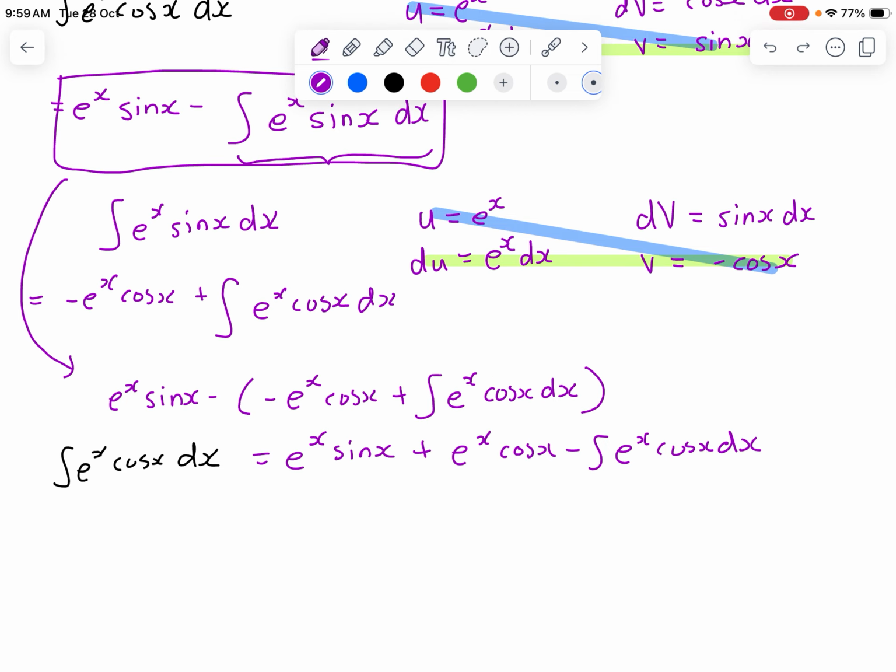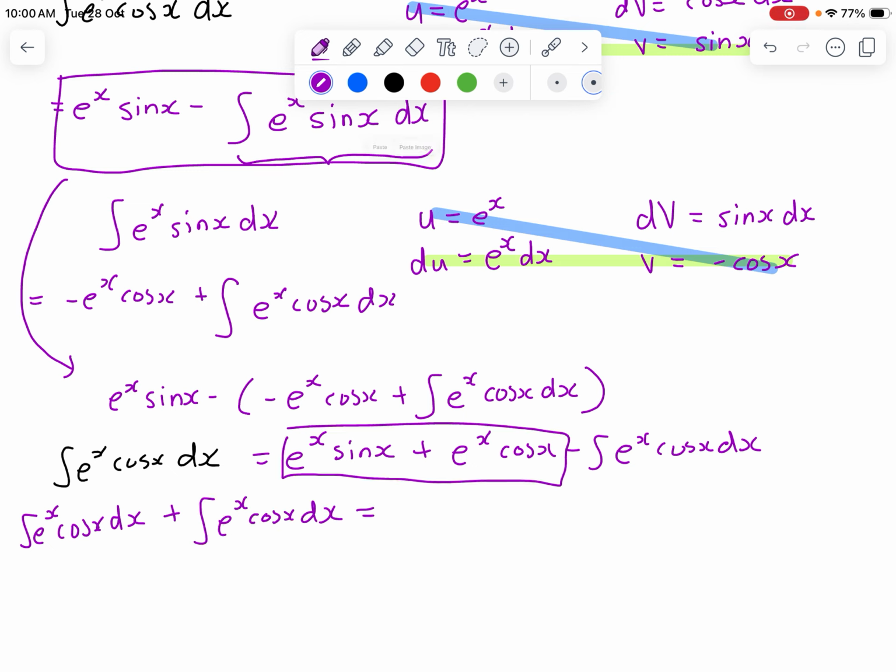So in this situation, I'm going to move this to the other side. So in this case, I have e to the power x cosine x dx, and if I move this to the other side, I add it because it's negative, so I have to add it. So plus e to the x cosine x dx equals to here, e to the x sine x plus e to the x cosine x.